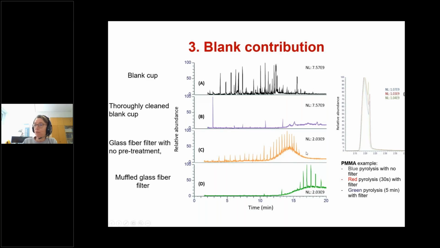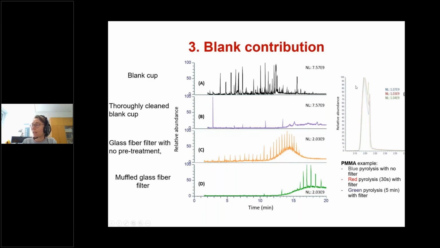This is a glass fiber filter with no treatment, and here it is muffled at 450 degrees during 12 hours. We can see that all these interferences are eliminated. So therefore, it is very important to muffle the glass and to do a thorough cleaning of the pyrolysis cup.